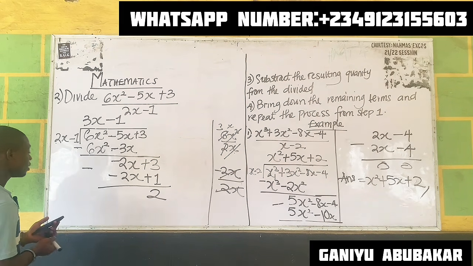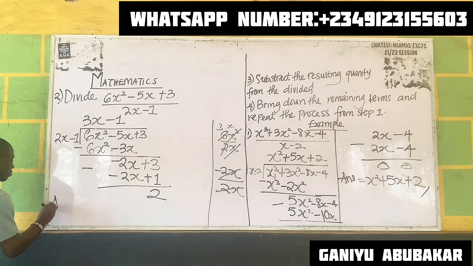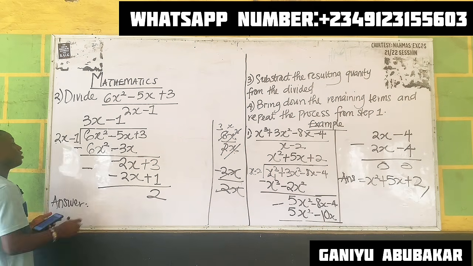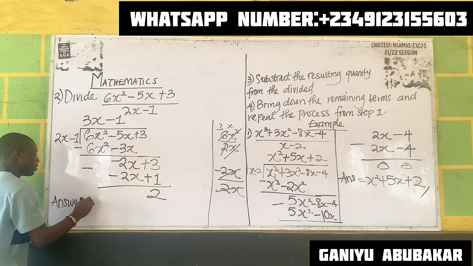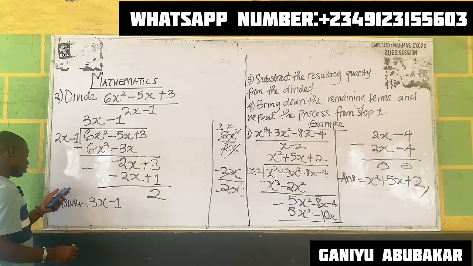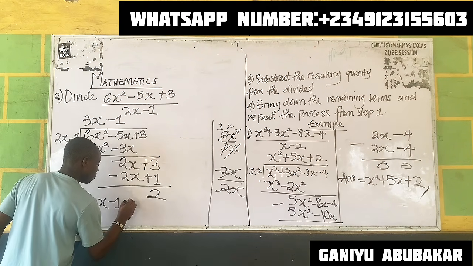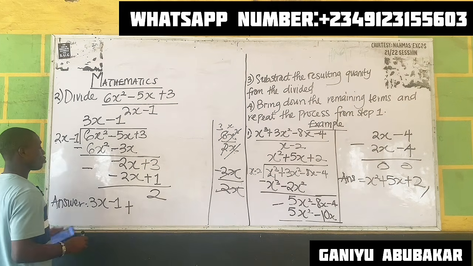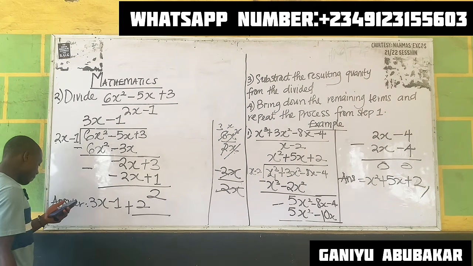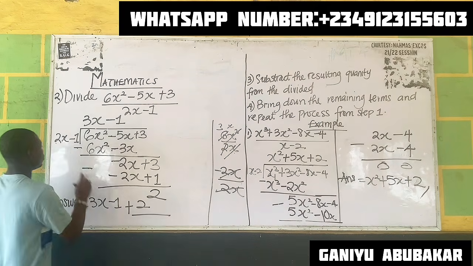In a case like this, your answer becomes the quotient first. That's 3x minus 1, right? Your quotient first, then plus this remainder, which is 2, all over your divisor.